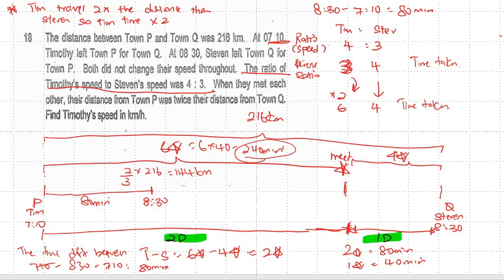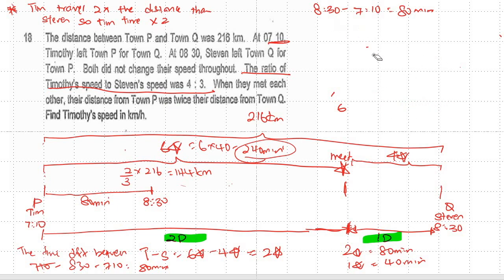So let me just write this off. So obviously my speed is the distance traveled divided by time. So I have 144. This time is in hours.